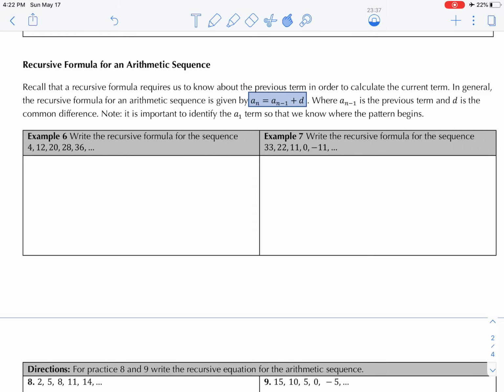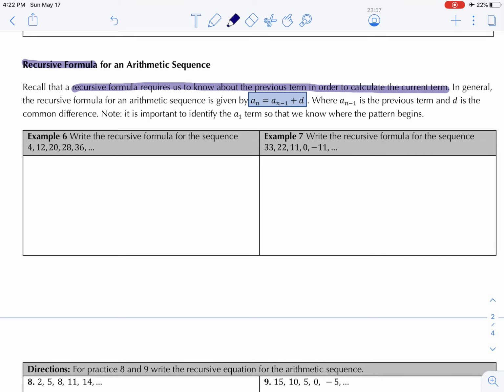In addition to representing sequences with an explicit formula, we can also represent them with what's called a recursive formula. Hopefully you remember from last week that a recursive formula requires us to know about the previous term in order to calculate the current term.